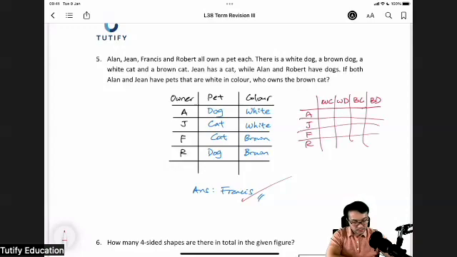So what Kate will do is she will put a tick over here. And then if she finds out that Jean has a white cat, then she'll put a tick here. And if she finds out that Robert has a brown dog, then she'll put a tick there. And that leaves her with Francis, who has the brown cat.